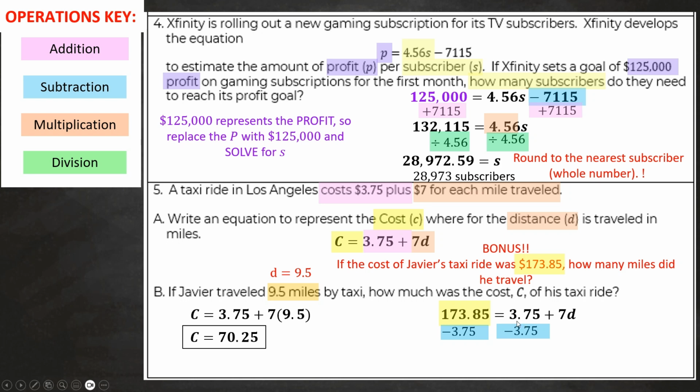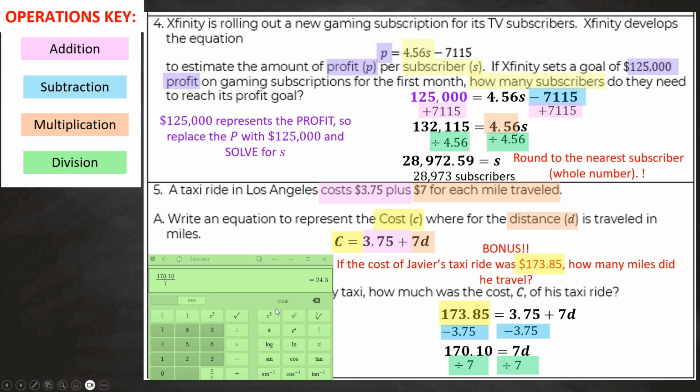So this is a positive 3.75, so I subtract 3.75. And then the 7 is being multiplied by the D, so I would divide by 7. And you'll notice that when I divide by 7, I get 24.3. So in this scenario, he would have traveled 24.3 miles, and we already knew the cost.